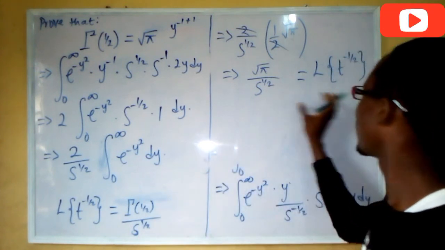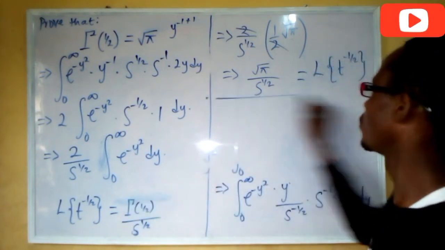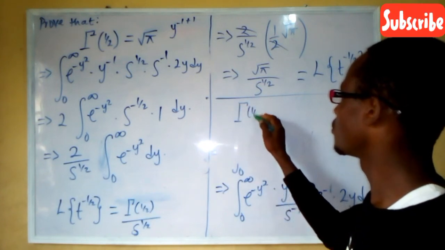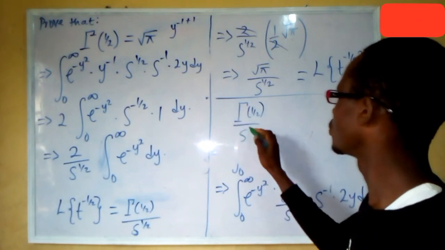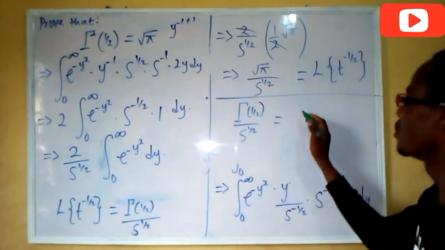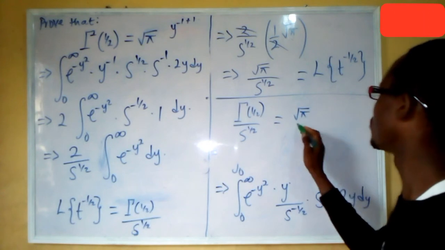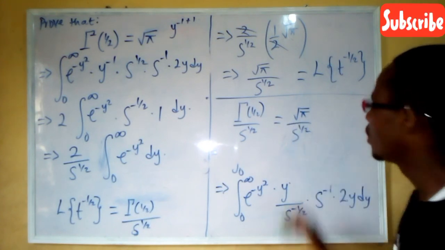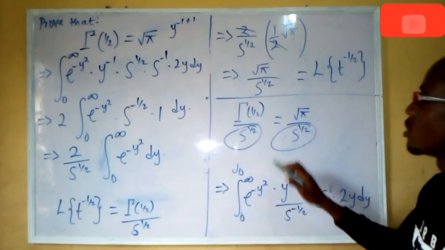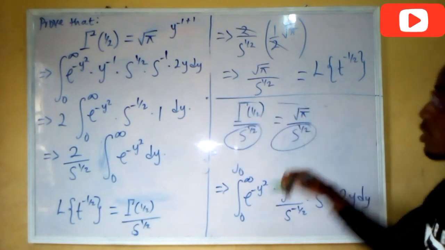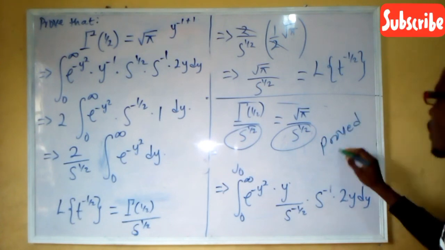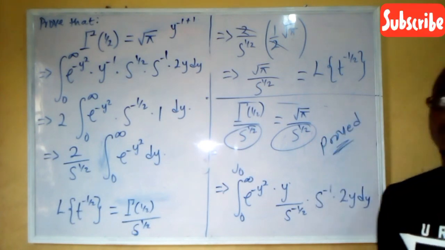So putting what we have here to this side, I'm going to have the gamma function of half all over s raised to the power half equal to the Laplace transform, which is now the square root of pi all over s raised to the power half. So comparing what we have here, you see the denominators are equal to each other. So definitely the numerators are equal to each other. So therefore, we have proved that the gamma function of half is equal to the square root of pi.